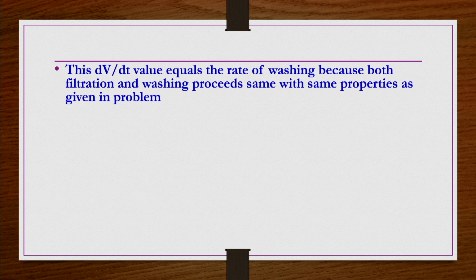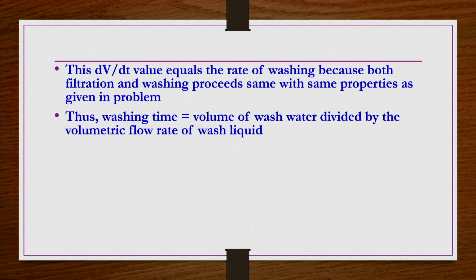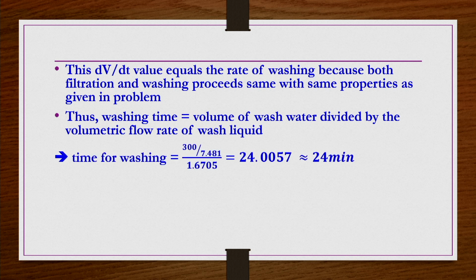This dV by dt value equals the rate of washing, because both filtration and washing proceed the same way with properties as given in problem 1. Thus, washing time should be volume of wash water divided by the volumetric flow rate of wash liquid. Time for washing: 300 gallons of water is used for washing.